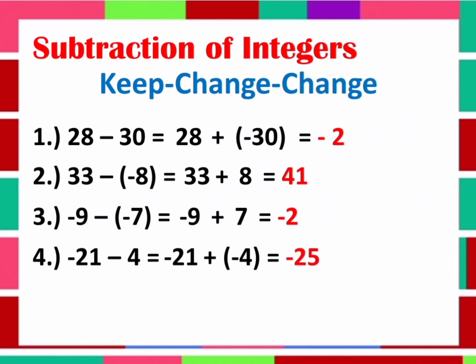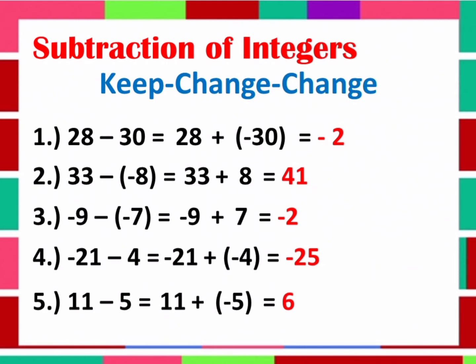Last example. 11 minus 5. Again, keep 11. Minus will become plus. And positive 5 will be negative 5. They are unlike sign, so subtract. 11 minus 5 is equal to 6. And 11 is greater than 5, so our final answer will be positive 6.